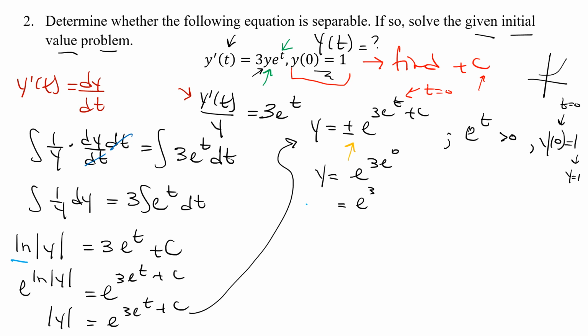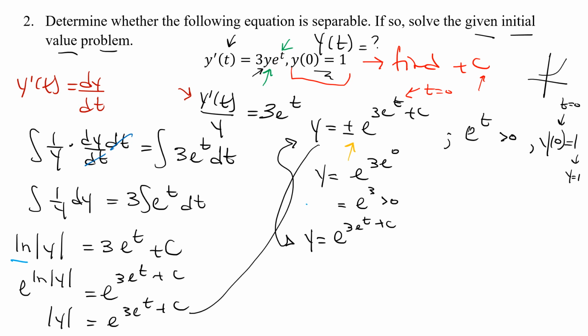So e to the 3, and we know that this indeed is a positive number, okay? So therefore, we have to take the positive of this. So y is equal to this e to the 3 e to the t plus c, okay? So c is up there in the exponent.